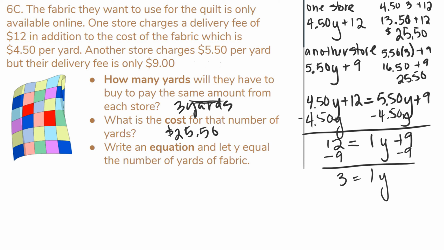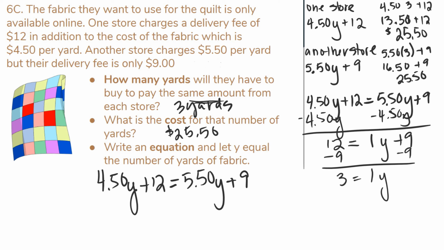Write an equation and let y equal the number of yards of fabric. 4.50y plus 12 is equal to 5.50y plus 9. And there you go. All right, if you have any questions, please make sure you bring them to class. I'll see you tomorrow.